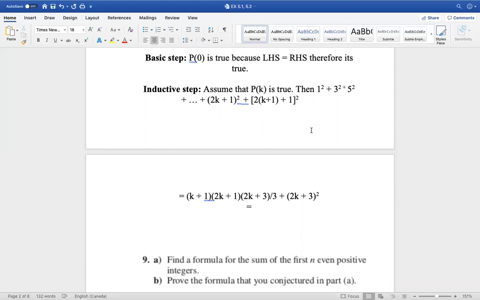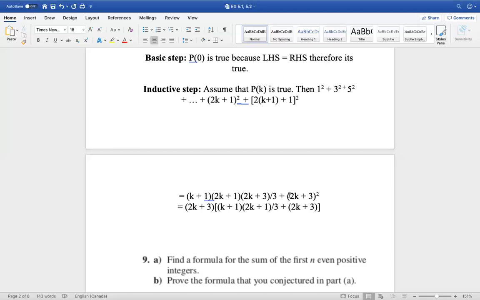Now this one here, it's equal to 2k. So we're just going to simplify this equation a little bit. So it's 2k plus 3, and then we have k plus 1, and then we have 2k plus 1 divided by 3, and then we have plus 2k plus 3.